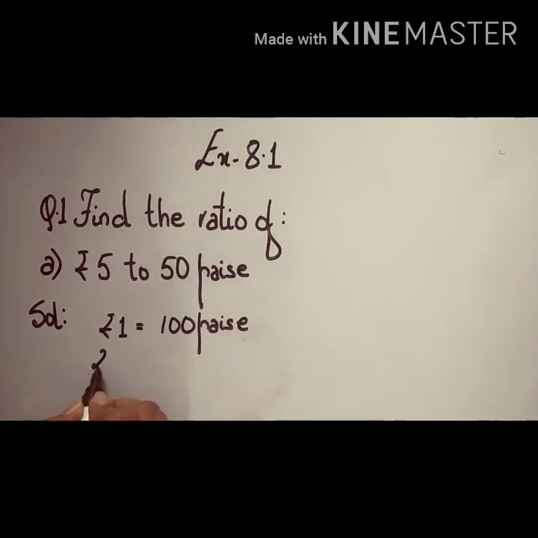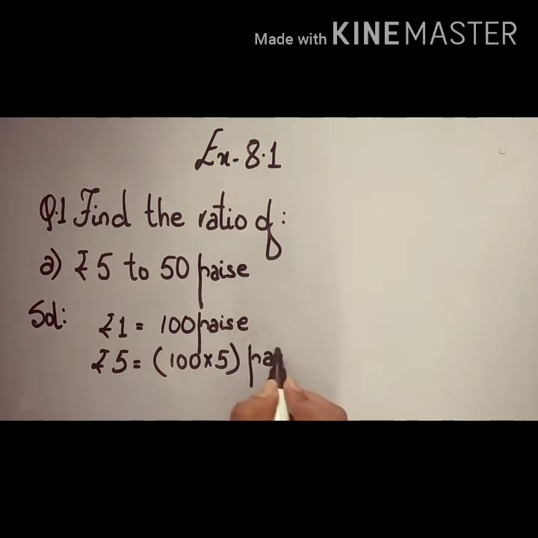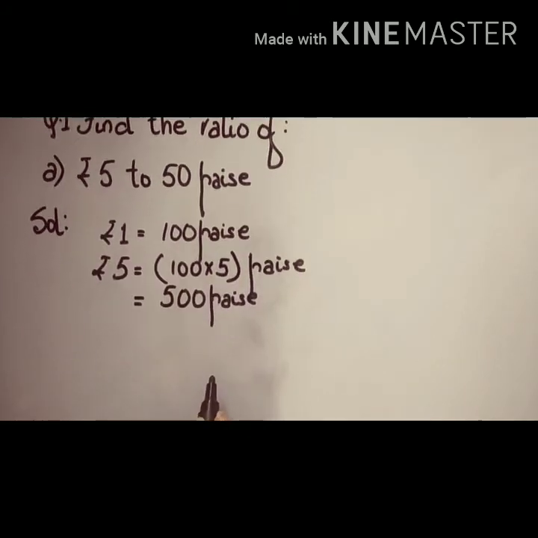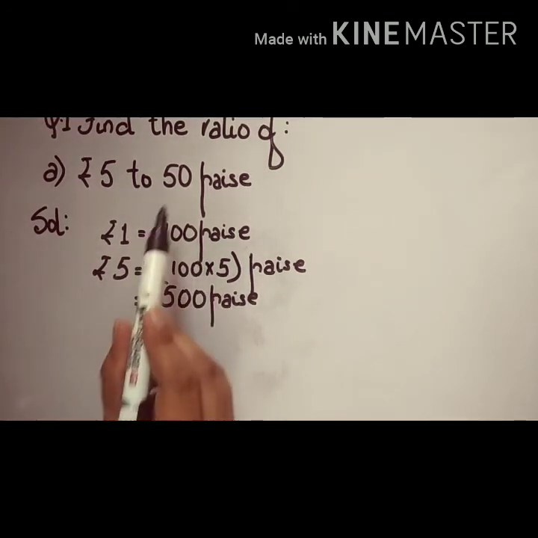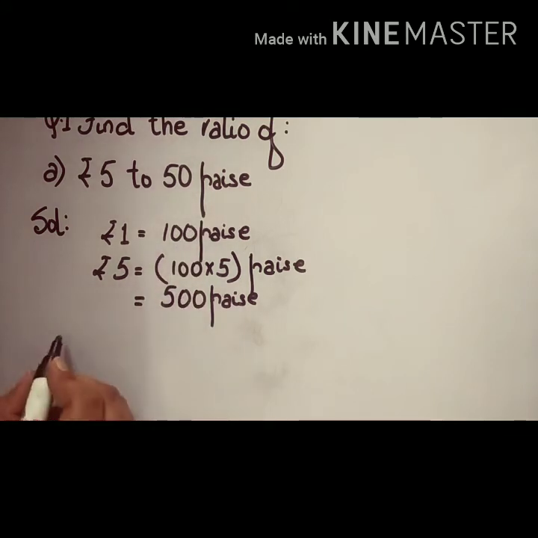So, 5 rupee is equals to 100 multiplied by 5 paisa. It comes out to be equals to 500 paisa. Now we will calculate the ratio of 500 paisa to 50 paisa.